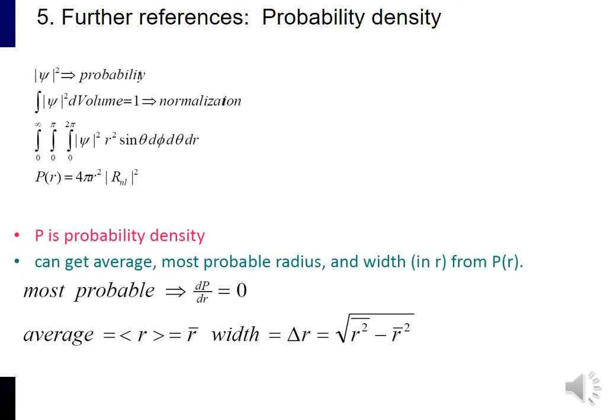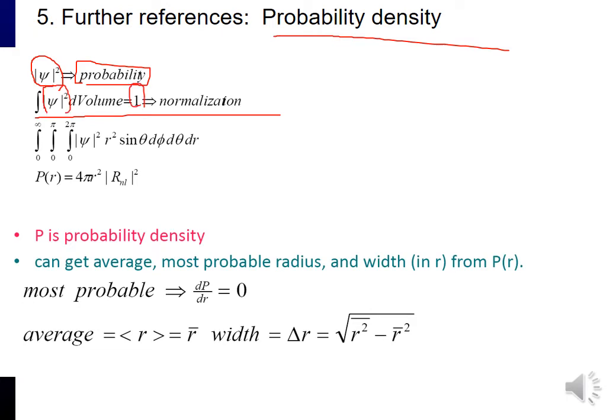Just for your reference, for possible future research, you sometimes need to consider probability density. We know psi squared is the probability, and we know the normalization condition, because the probability integrated is 1.